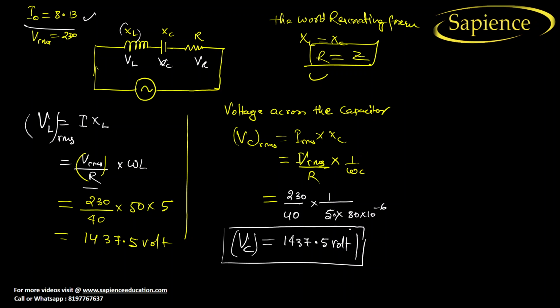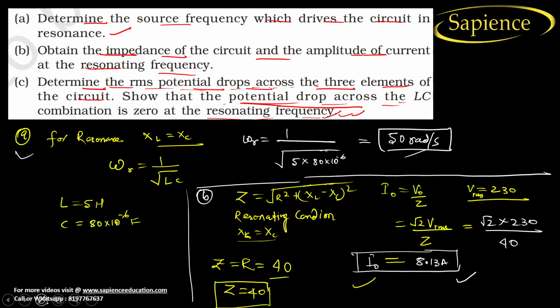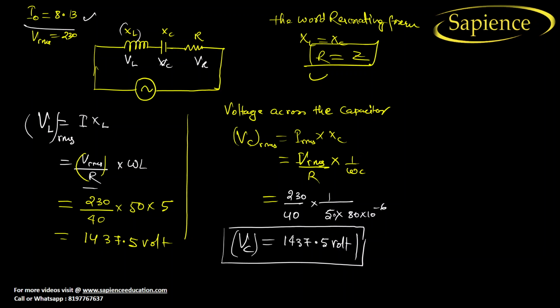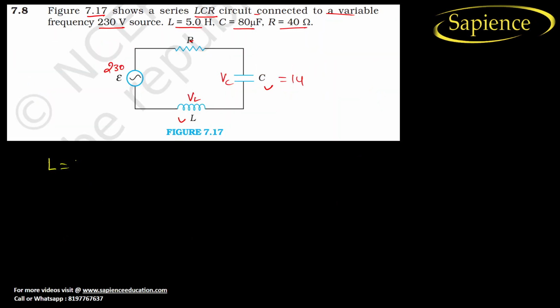So I hope it is clear now. This is saying that the potential drop across the LC combination is zero. Let us suppose VL is this potential and VC is this potential. The value we have found is 1437.5 volts in both cases, so VC is equal to VL and there is no drop.